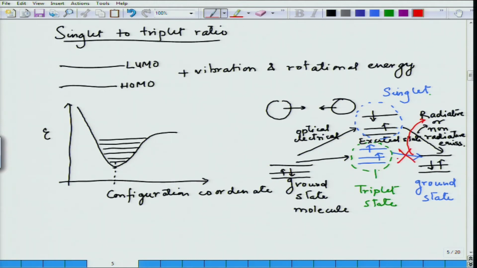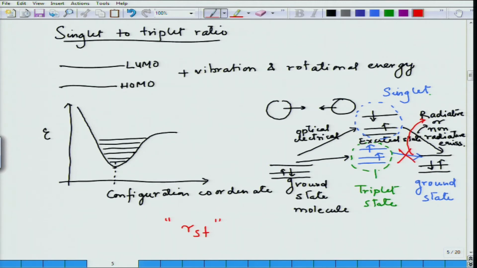So, this is generally forbidden, which means if I am exciting molecules from the ground state to the excited state in an OLED, then only the molecules in the singlet excited states can give me emission; the ones in the triplet excited states will be wasted, and that is why we have this ratio of singlet to triplet that we use in that particular equation.